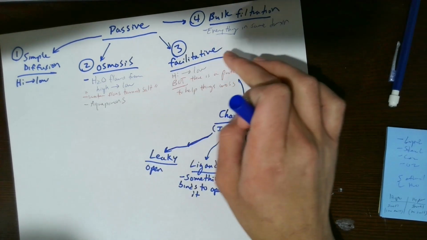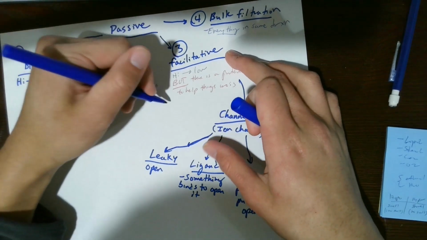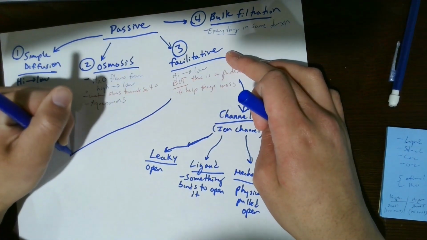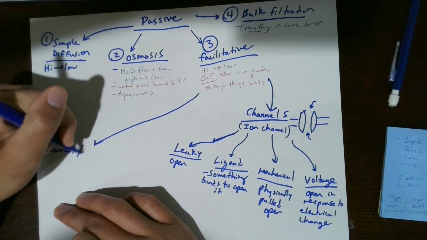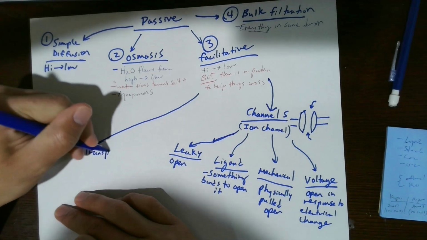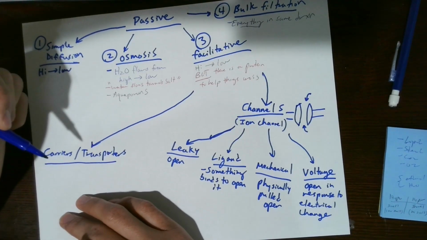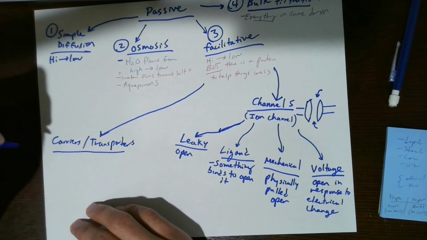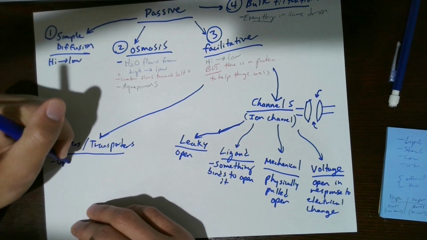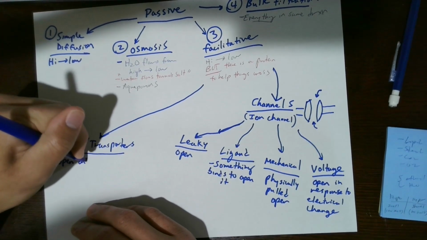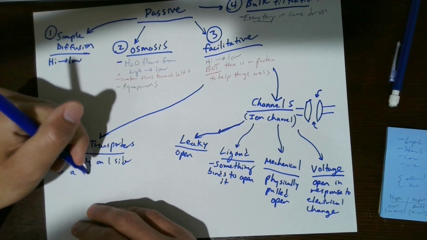Another type of facilitated diffusion we're going to talk about is sometimes called carriers or transporters. These are proteins that are open only on one side at a time.